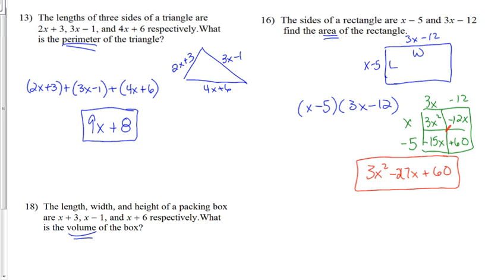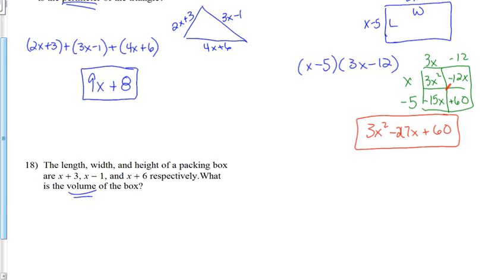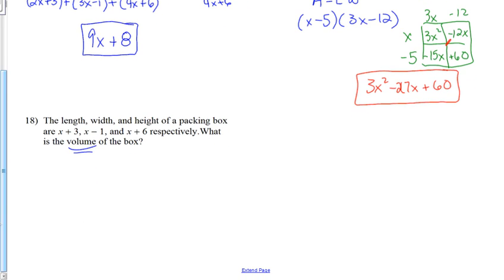There you have it. And finally, the volume. And a volume of a box. So if this is the box, right there, it's saying the length, width, and height of this box. So it doesn't really matter which side you put them on.